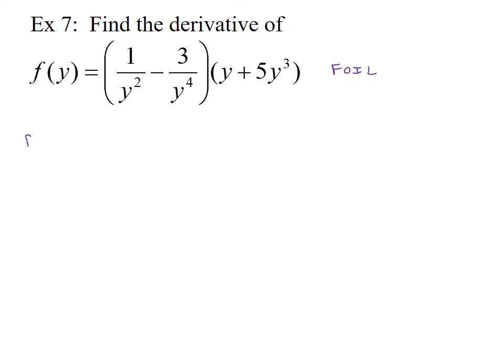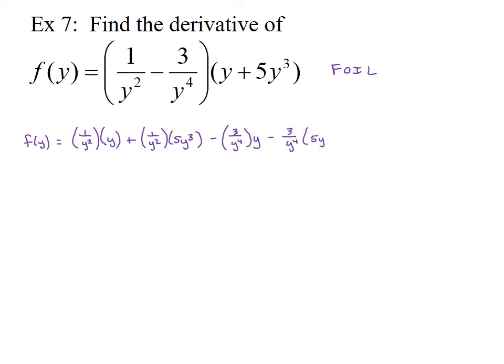That would end up saying that f of y is equal to 1 over y squared times y, so that's your first. Your outer is 1 over y squared times 5y cubed, minus, your inner is negative 3 over y to the fourth times y, and your last is 3 over y to the fourth times 5y cubed.